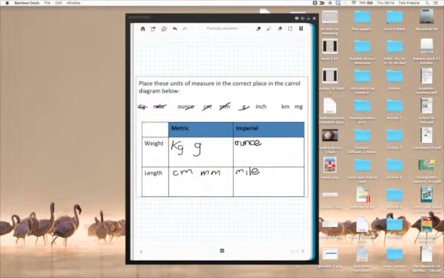Inch. Weight or length? Well, it's length. Metric or imperial? Imperial. Kilometre. Weight or length? It's length. Metric or imperial? It's metric.